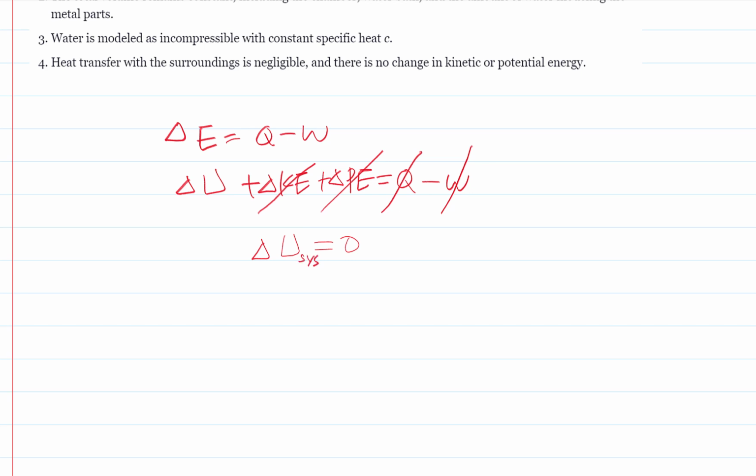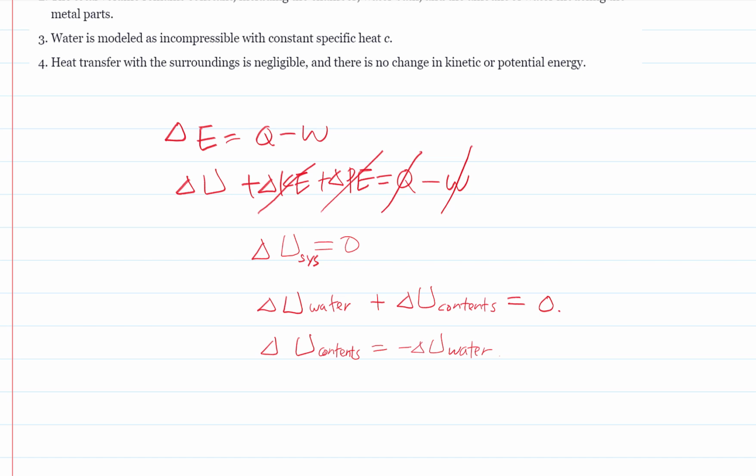The system consists of water and the chamber contents. So we need to determine the internal energy change of the contents.